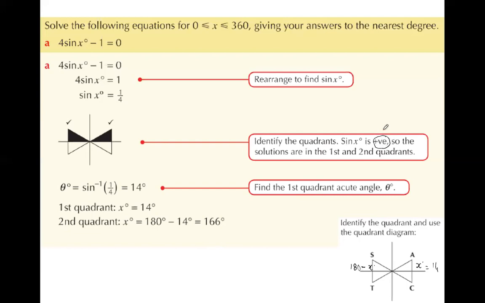Sometimes you see people writing plus VE, it just means you've got a positive value. So sine x is positive, so the solutions are in the first and the second quadrant. Solution: x equals 14 and 166 within 360.